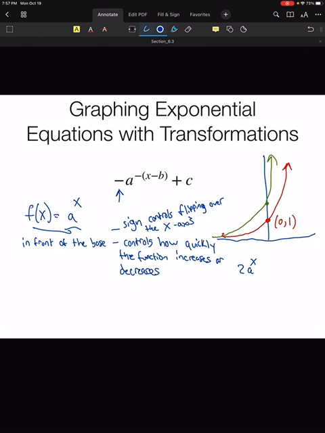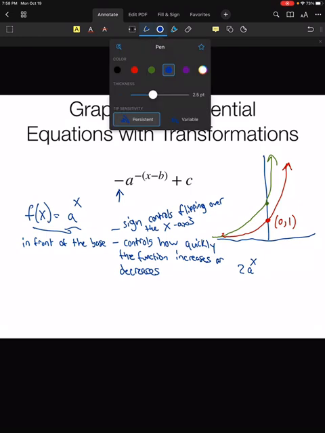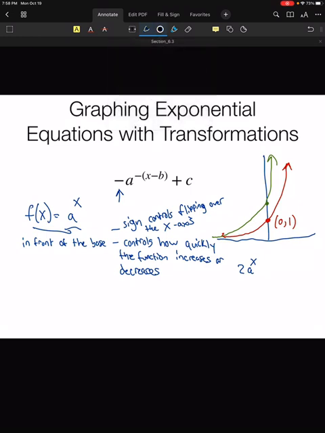But if it's a negative, then, if I change to black, the new function is going to go down. It's going to be the image of the other one, meaning if I flipped the red over, it should land perfectly on the black. So you see what happens to the negative out in front: it flips it over the x-axis. There are two things that can happen out in front.